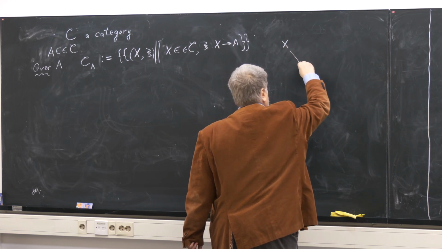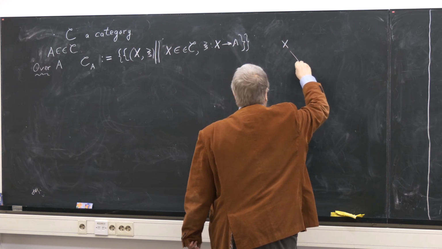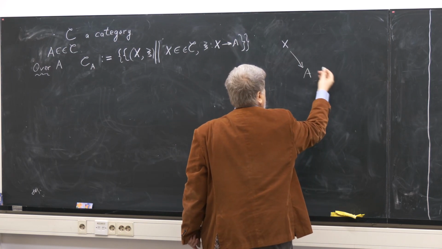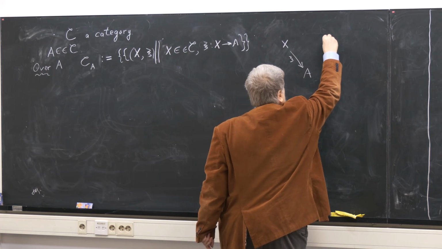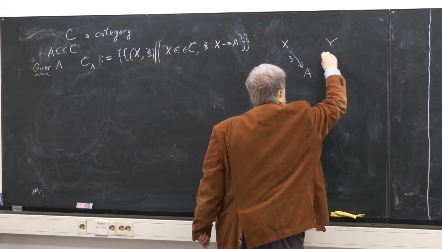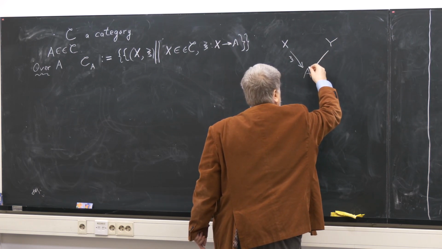We better think about an object of this category over A like this, having Y together with eta.